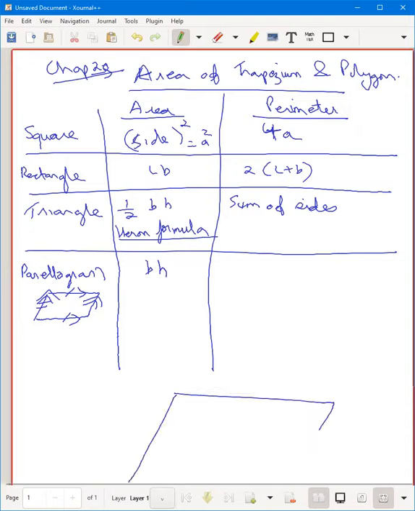You know these figures already, right? From any one side, we drop the height here and we take any one side, which is the base here. So it's base into height. Trapezium again will be the sum of the parallel sides, sum of all the sides. We don't need to do the perimeter for that.